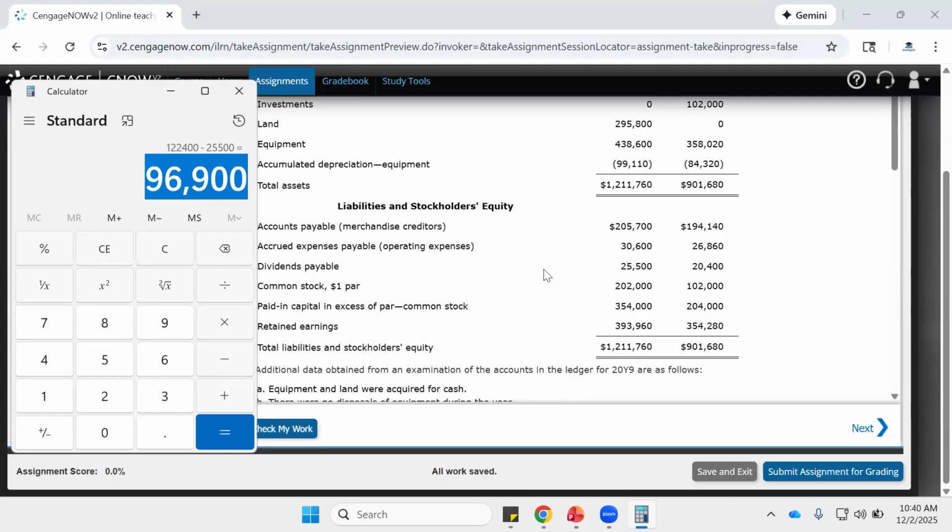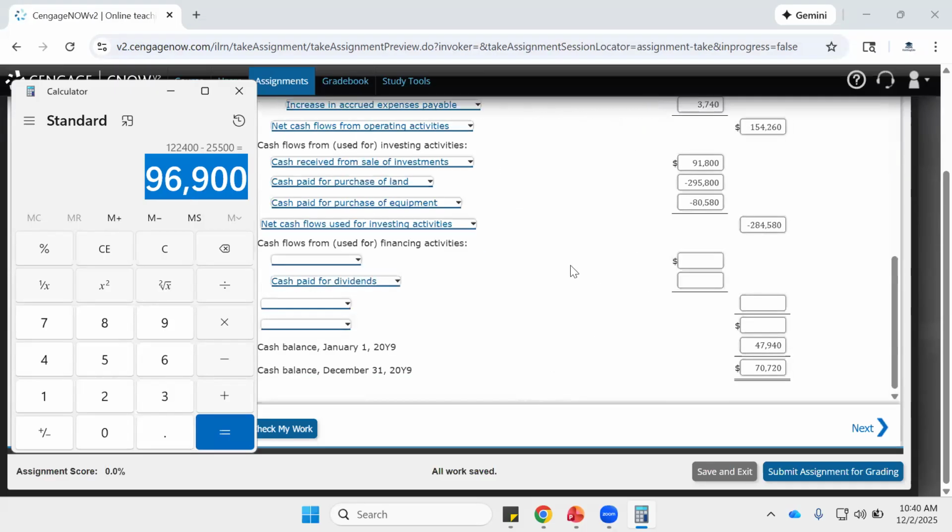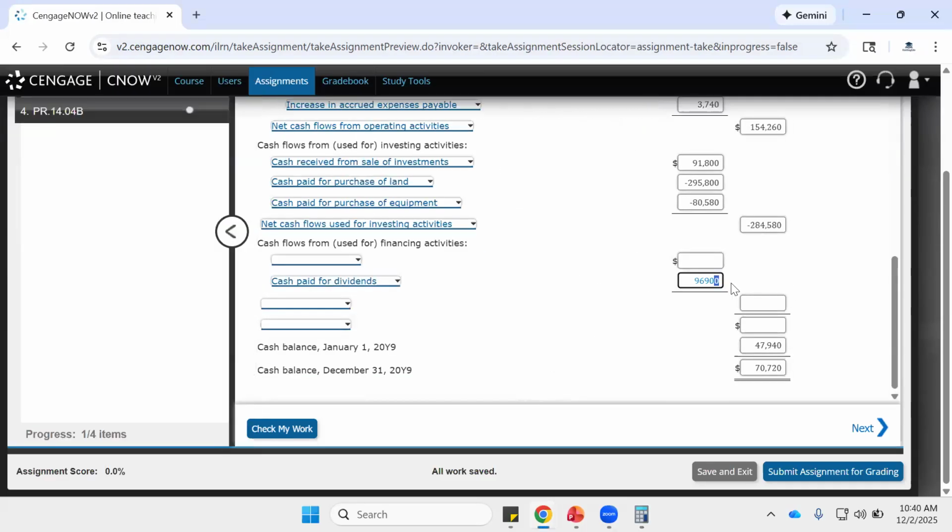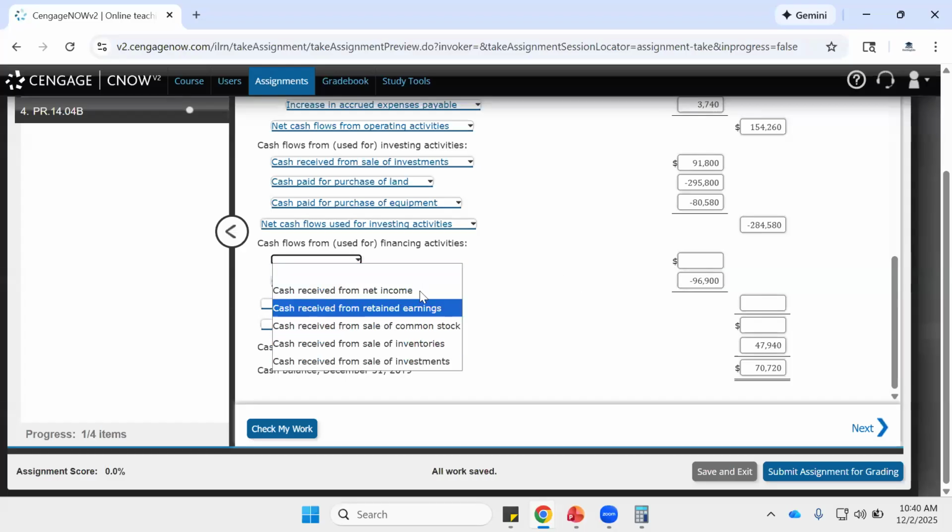That's the dividends that we paid during the year, right? We take the dividends that we declared, we add the dividends payable from last year, we subtract the dividends that are still outstanding as of the end of the year. That's how we determine the net cash flows used for dividends, cash paid for dividends. And it's going to be a negative number because cash is going down for dividends.